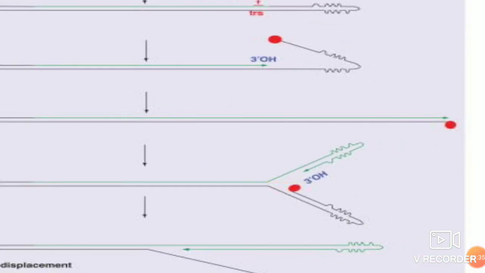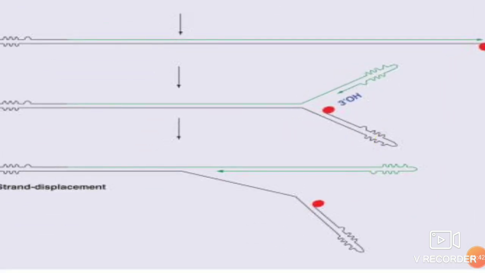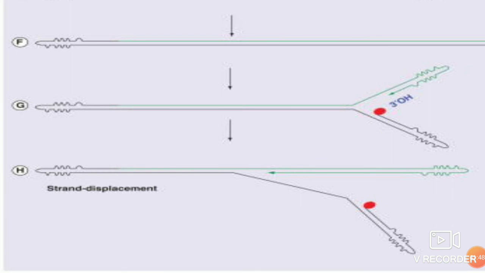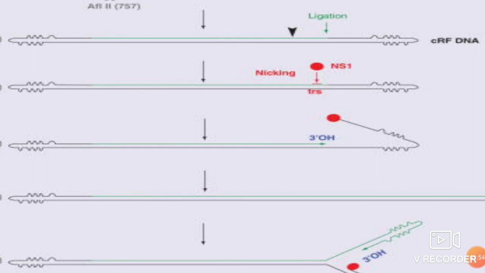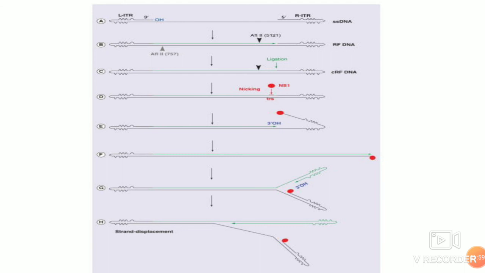Again, this newly synthesized DNA is extended to form the inverted terminal repeats, which again roll back and then act as a primer for one more synthesis. And again, once this old strand is displaced, a new strand is formed. Again you have the nicking by the NS1 at the TRS site, and you have this cycle repeating, and many forms of the genomic viral DNA are formed.